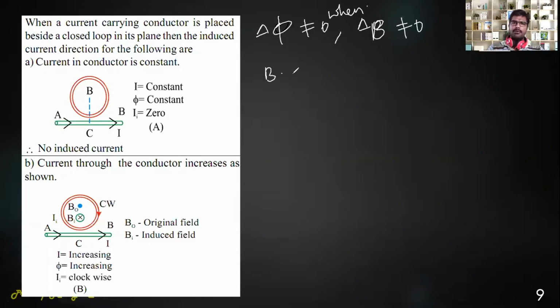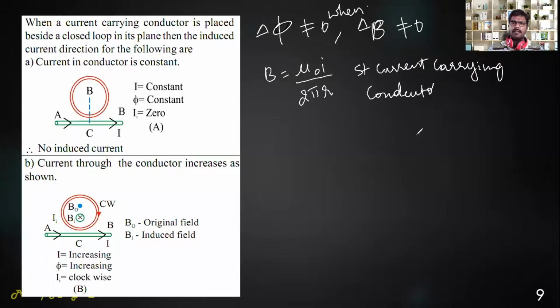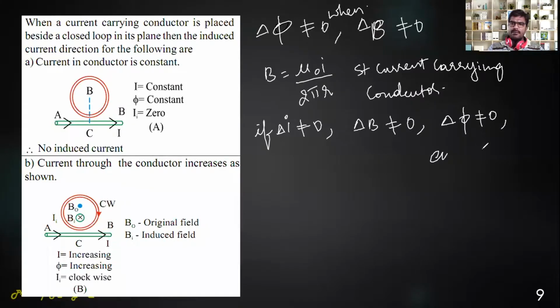As we know, the magnetic field produced is B = μ0 I / 2πR due to a straight current carrying conductor. So if I changes, ΔI is not equal to 0, ΔB is not equal to 0. If ΔB is not equal to 0, Δφ is not equal to 0, and EMF is induced.